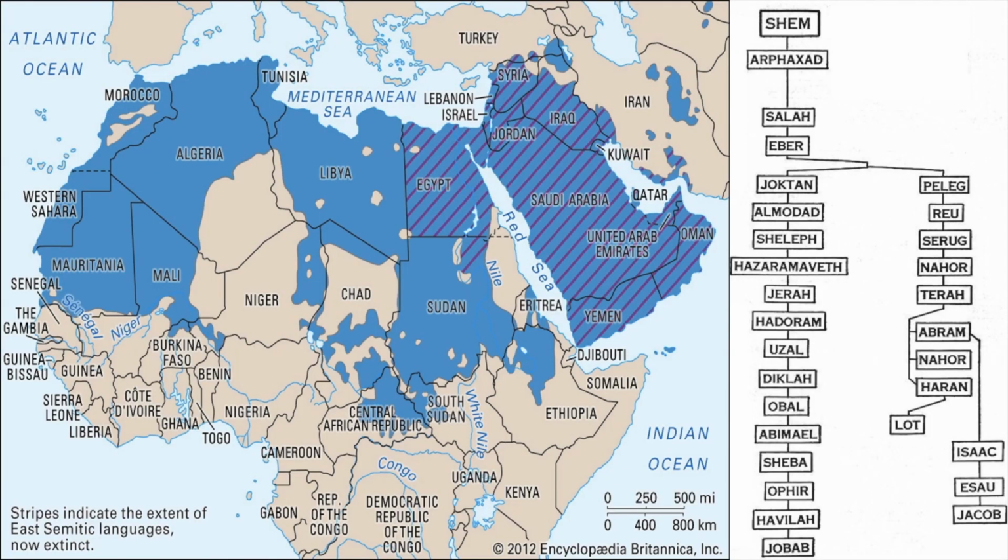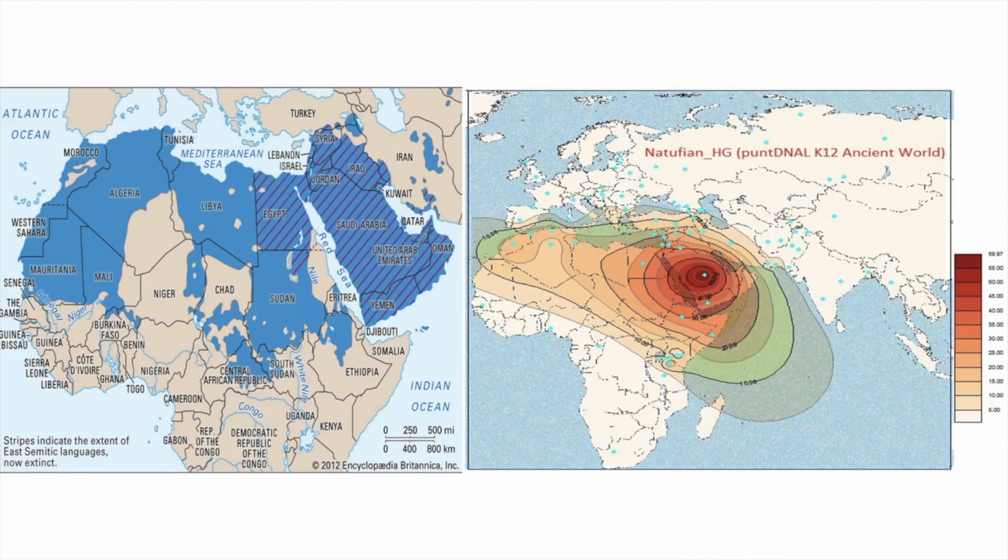And here is a chart showing the genealogy. You have Shem, and then you get Arphaxad, Shelah, Eber, Peleg, Reu, Serug, Nahor, Terah, then Abraham, Isaac, and Jacob. And then you see a basic map just illustrating where Semitic speakers, Semitic people, are.